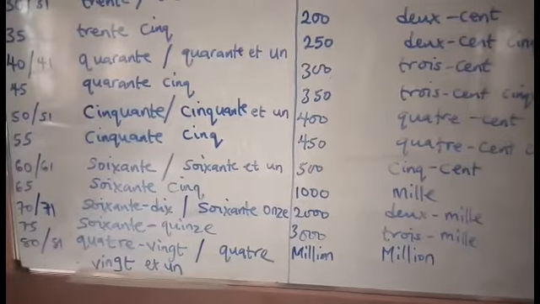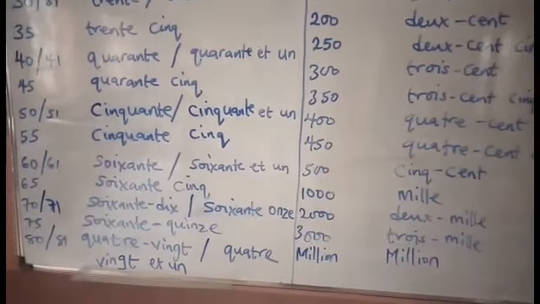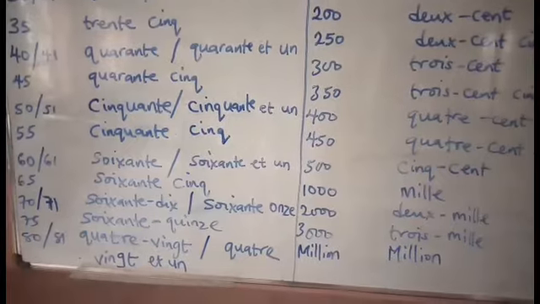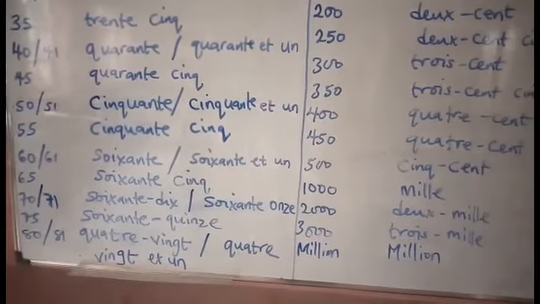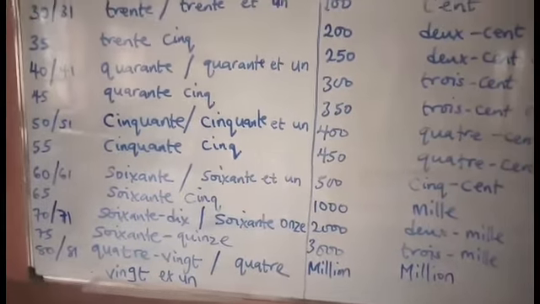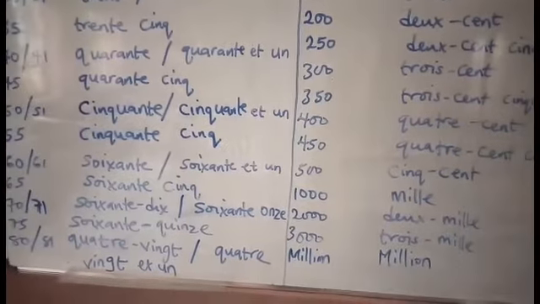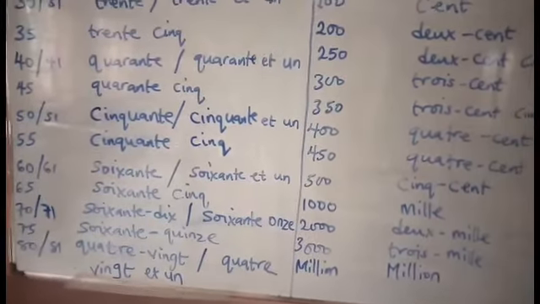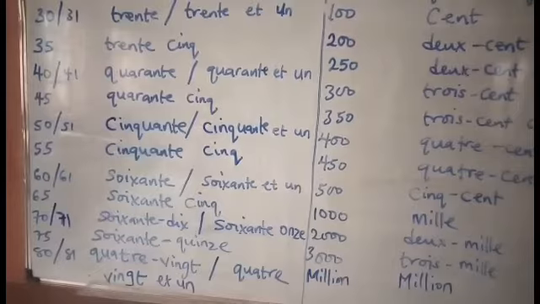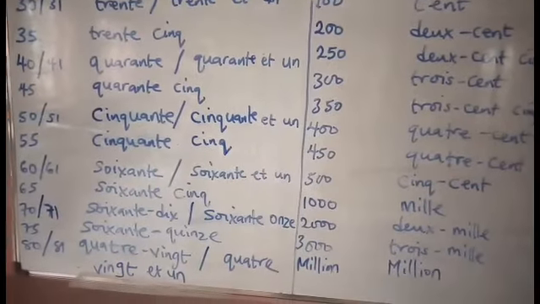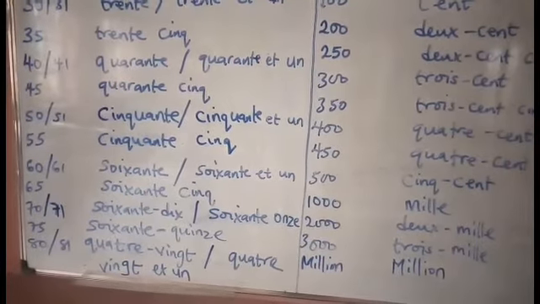Okay, 80, and at 81 we have 81. Okay, we have 21, so 81, and we have 80, 4 times 20 and 1, so that is 81.